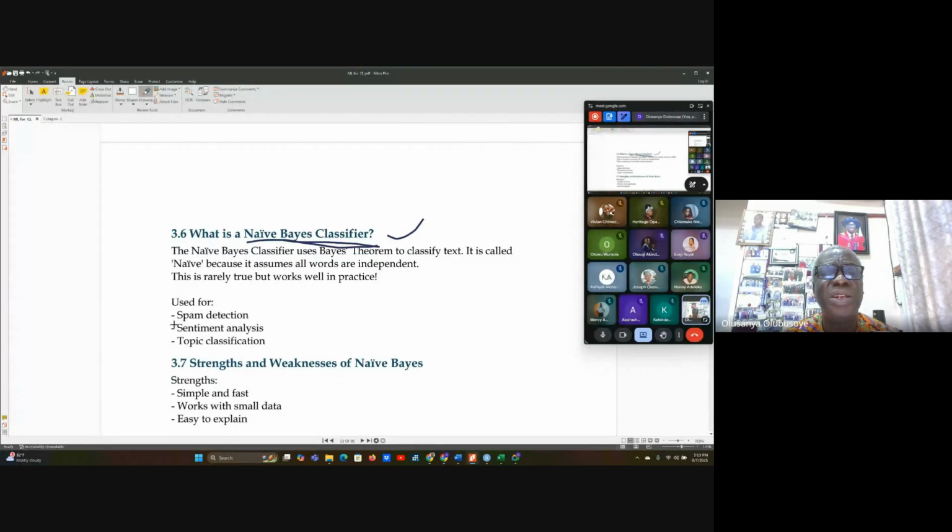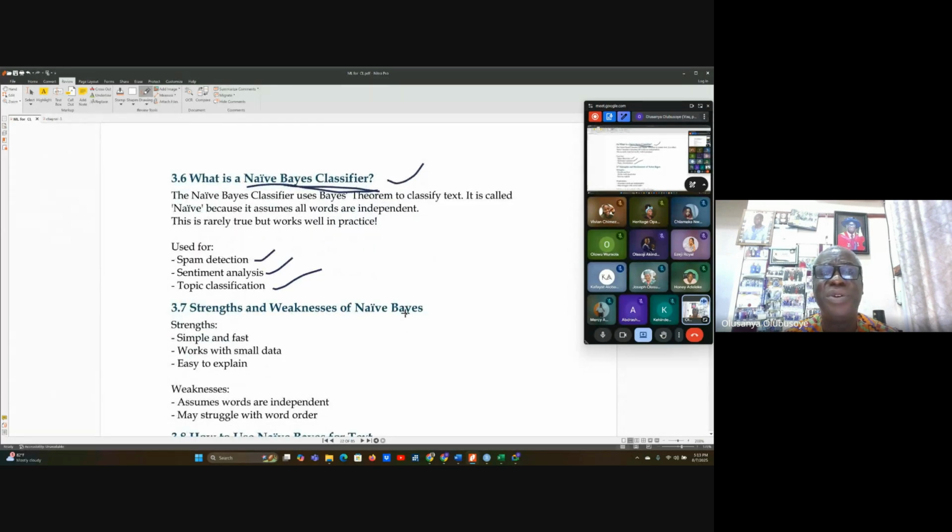It's not only spam detection that we can apply the Bayes classifier to. We can apply it also in sentiment analysis and in topic classification. We might be able to draw more examples in any of these areas later.